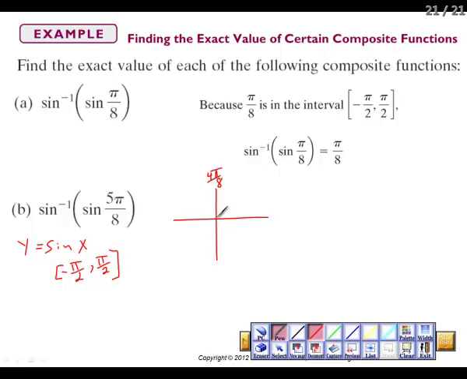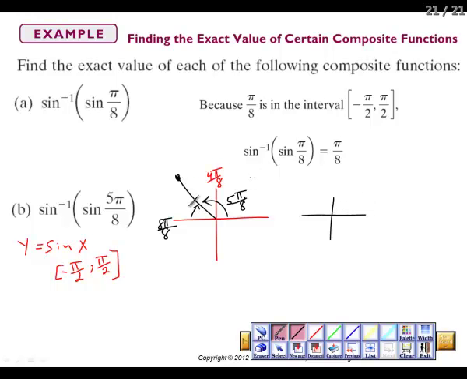And here's 5 pi over 8. Well, this is pi, right? So that'd be the same thing as 8 pi over 8. So if we can find this angle here, then we can say, alright, that for sine, the values are the same whether it be in quadrants 1 or 2.